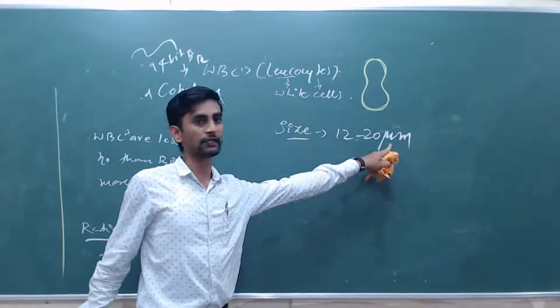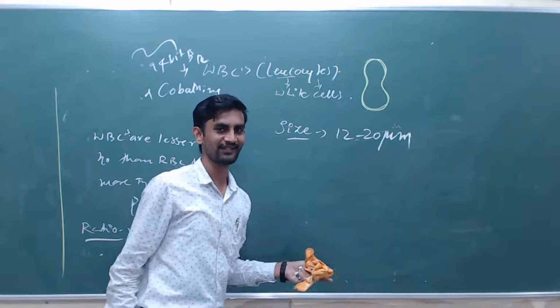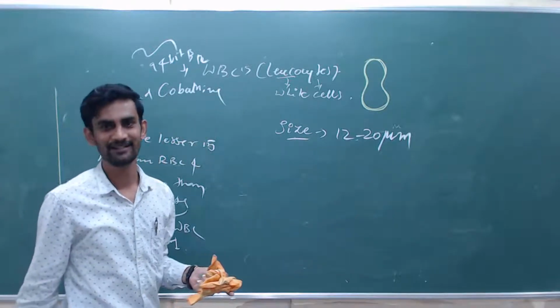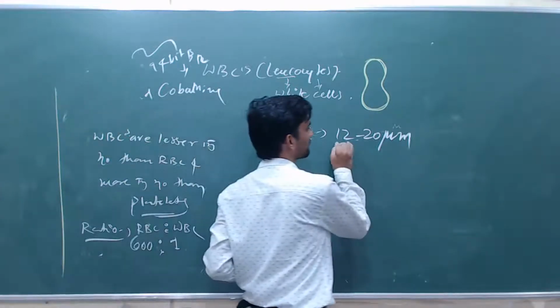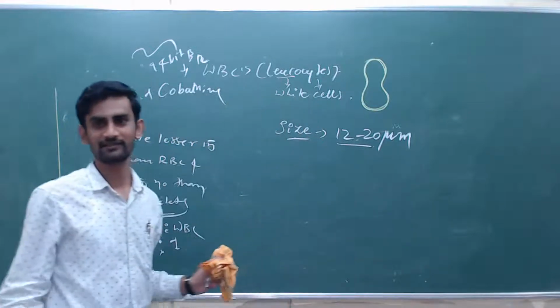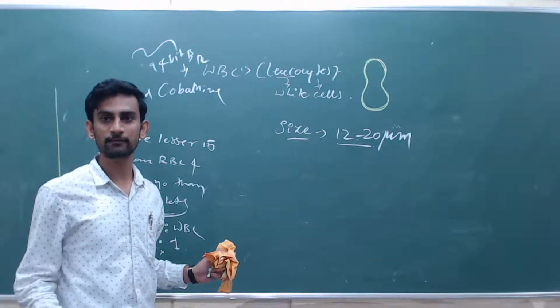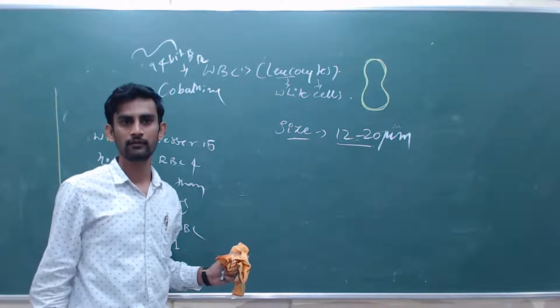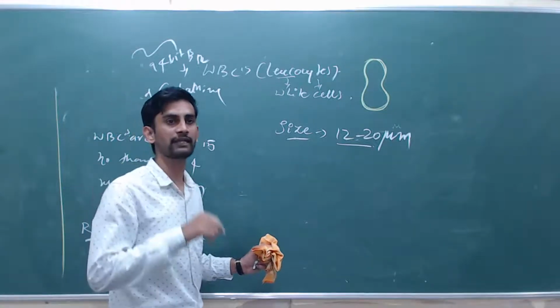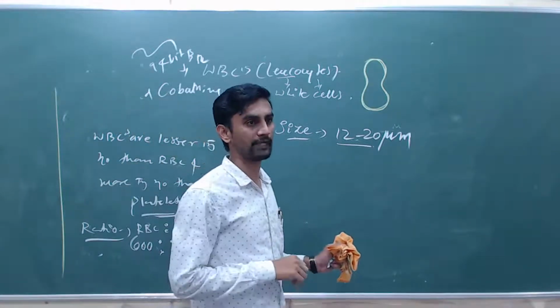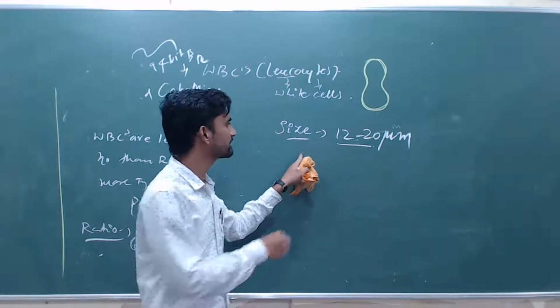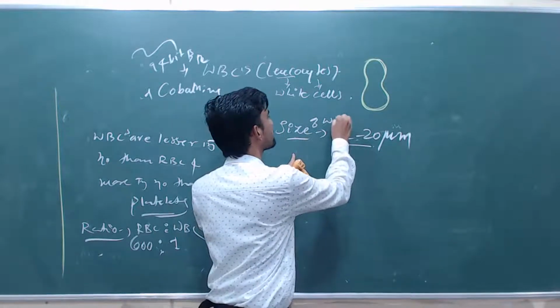What is this unit? Micrometer, millimeter, micrometer. 10 raised to minus 6 means micro. Milli means 10 raised to minus 3. 10 raised to minus 6 means micrometer. So this will be the size of WBC.